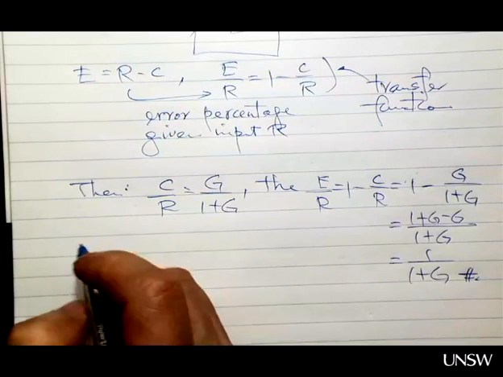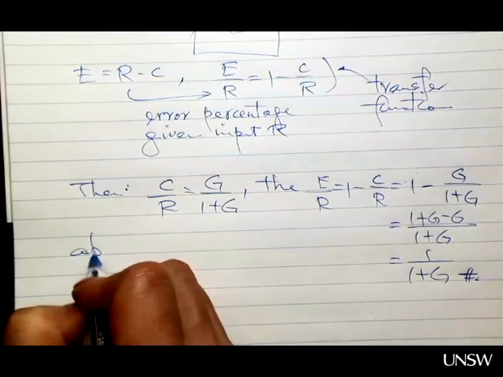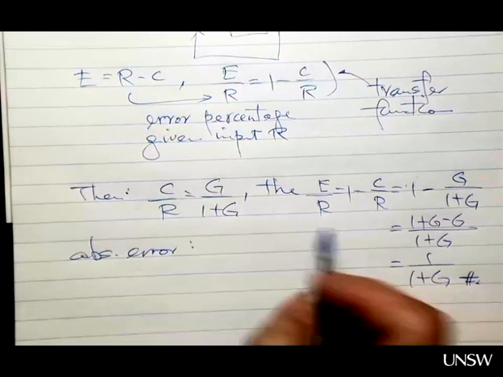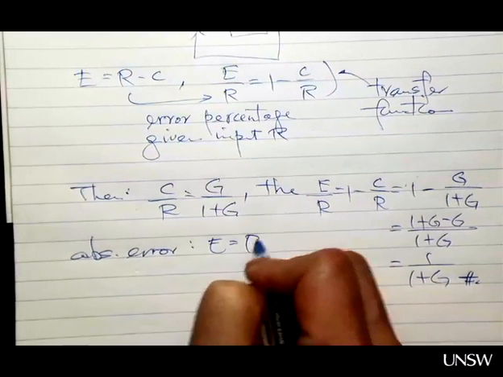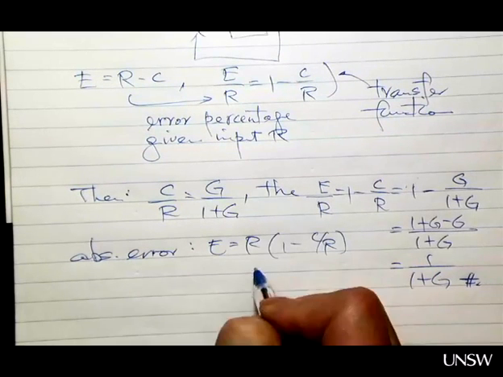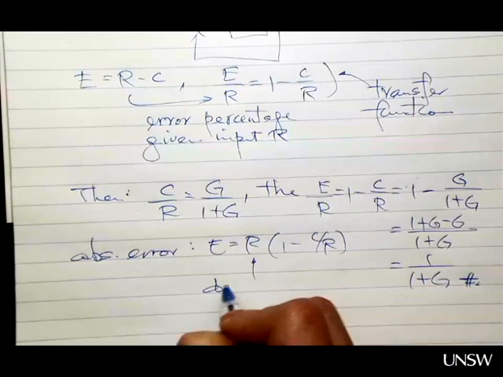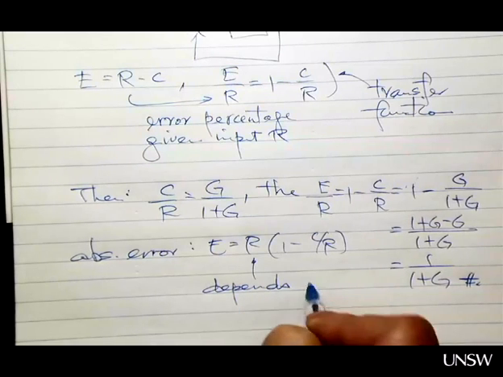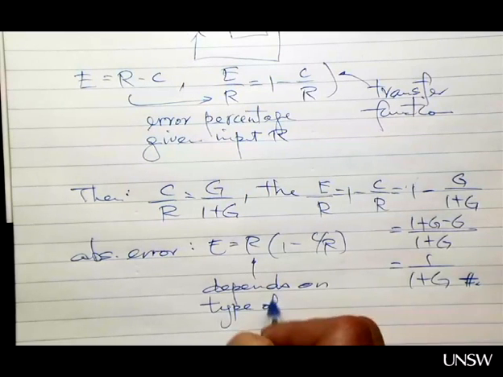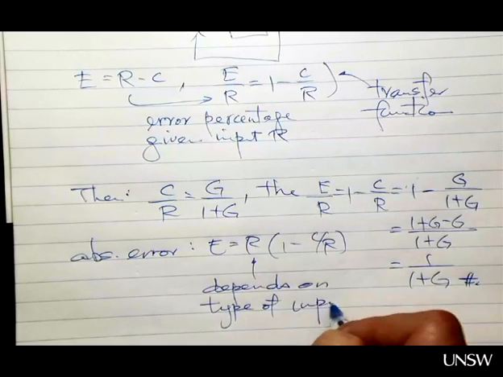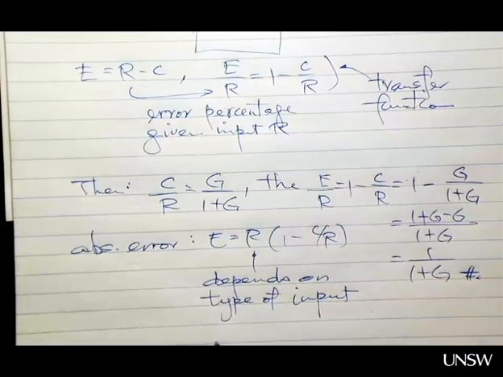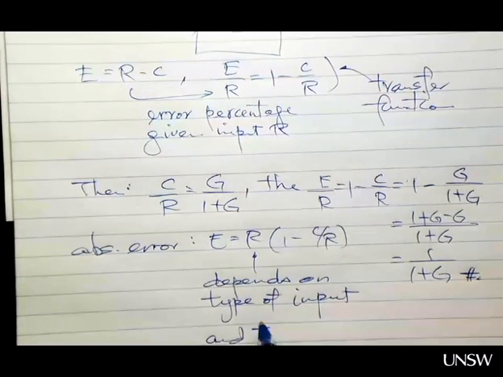Then, of course, the absolute error, it is E. So it depends on the type of input and the type of system.